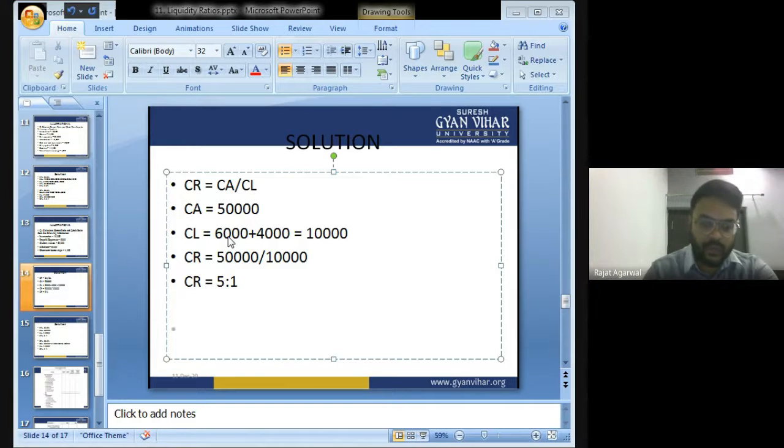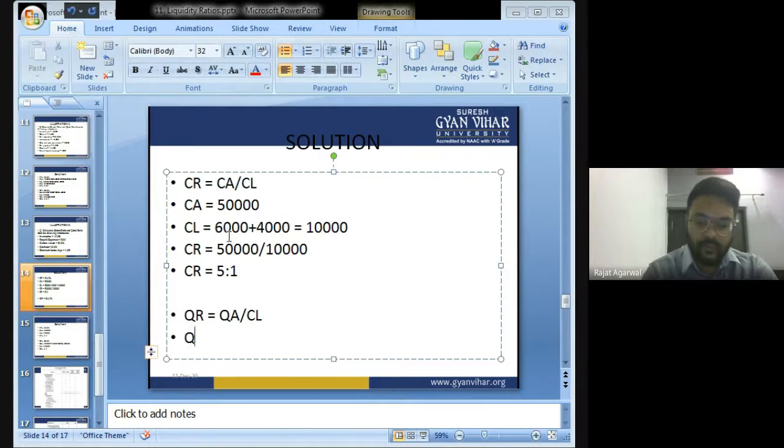Let's calculate quick ratio. What is the formula of quick ratio? Quick asset divided by current liabilities. First, let's calculate quick asset. I told you in quick asset, we do not consider two things, that is stock and prepaid expenses. It means from current asset we will deduct stock and prepaid expense.